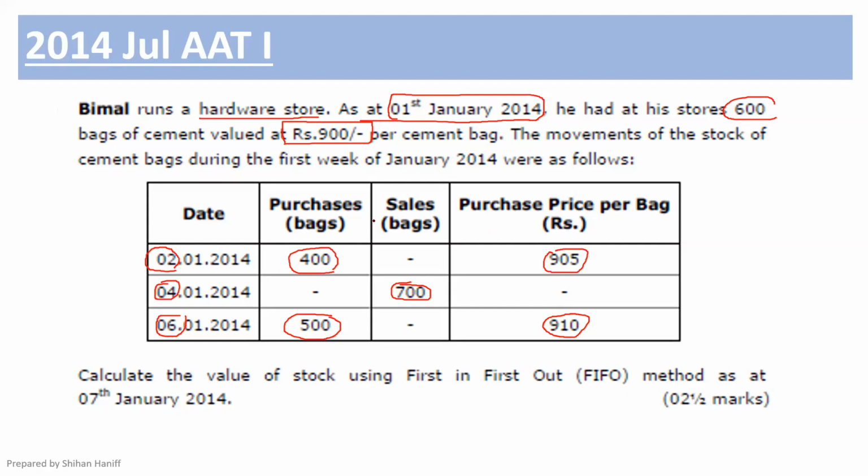So you can see the prices. At the beginning, it was 900, then purchased at 905, again purchased at 910. Calculate the value of stock using first in, first out method.